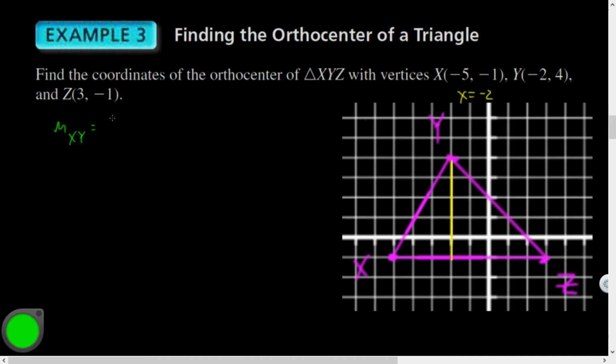If I didn't know that from the graph, I could find the slope using the slope formula, subtracting their y's and putting that over the difference of their x's. So XY is what I'm working with, so 4 minus -1 over -2 minus -5.